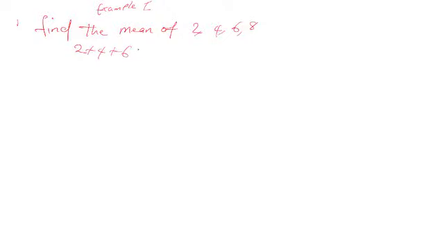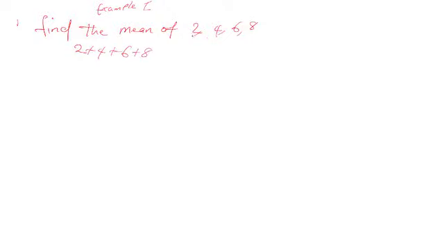So let's say, find, this is example 1. Find the mean of 2, 4, 6, and 8. Now the mean is equal to 2 plus 4 plus 6 plus 8.